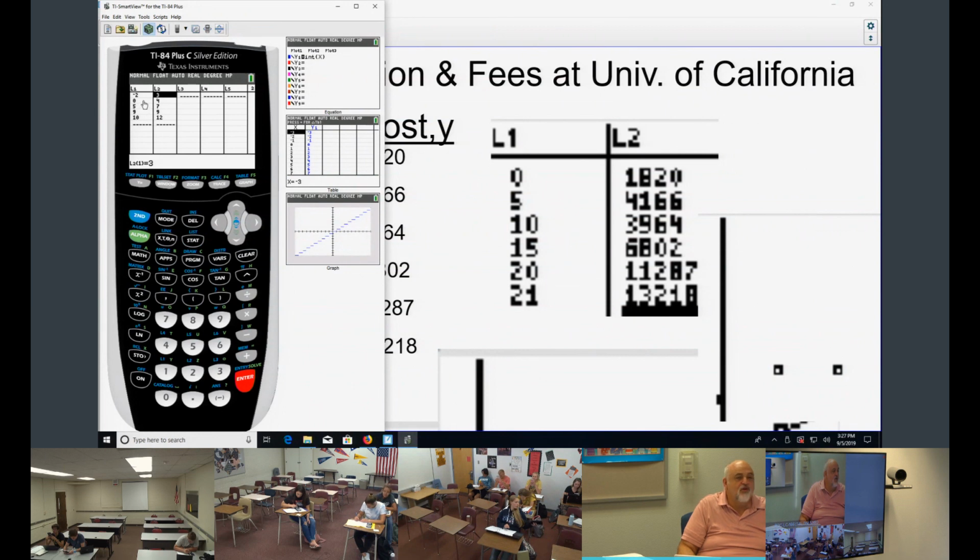Now, when you press Stat Edit on your calculator, is there anyone missing the L1 and L2? Because that's going to be an issue for us if any of those are missing. Okay? All right.